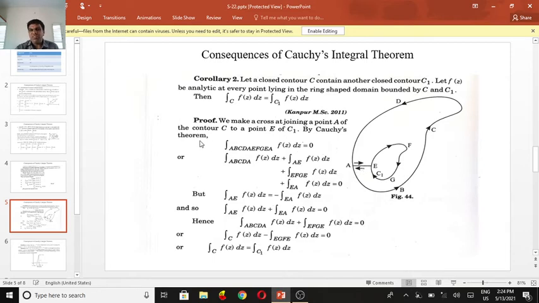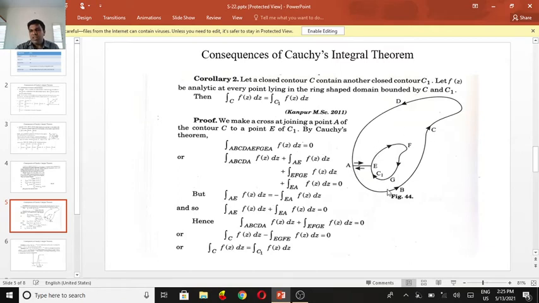So by Cauchy's theorem, we observe the integral over A, B, C, D, A, E, F, G, E and A. This is the region connecting contour C to C1.